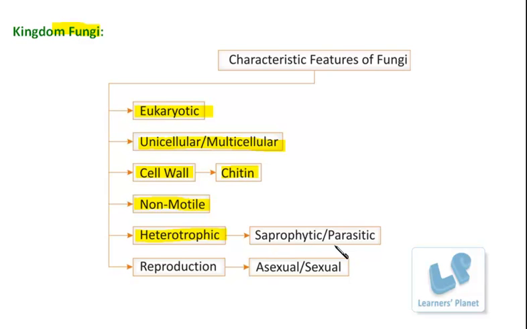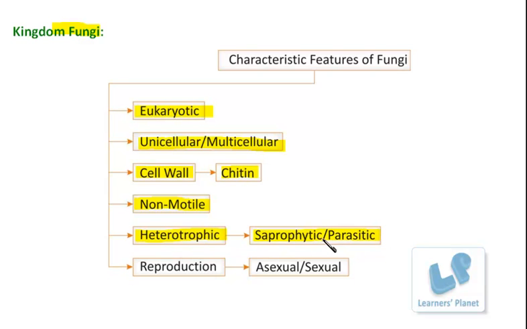In fungi, they are absorbing the simplified material from outside, right? And this is the specific feature of the group fungi. So they show a saprophytic or parasitic mode of heterotrophic nutrition.